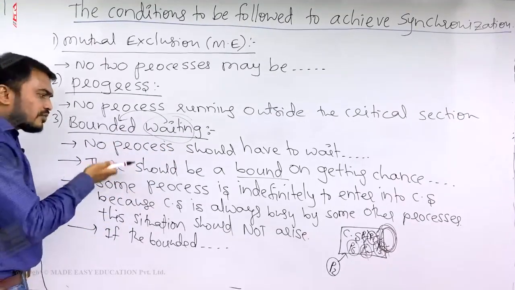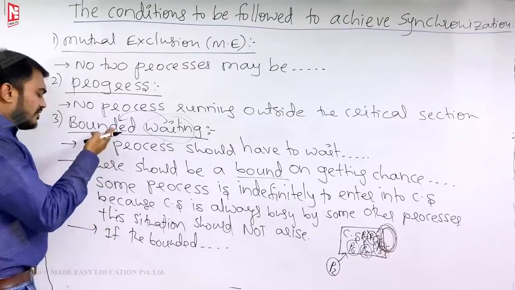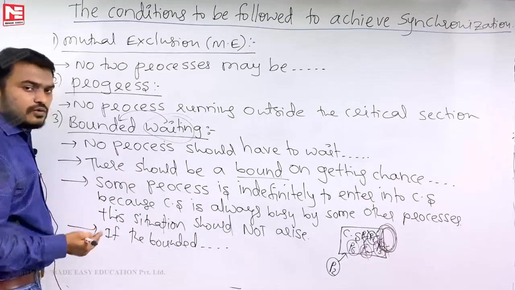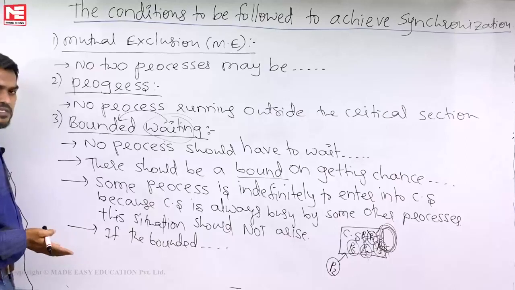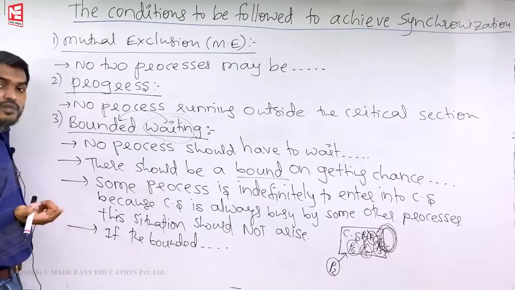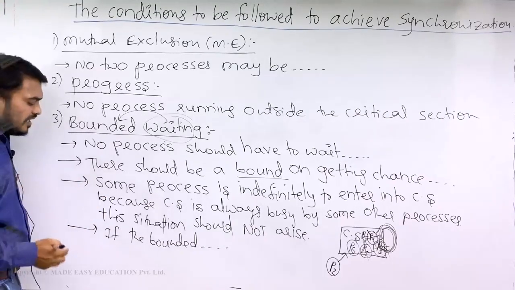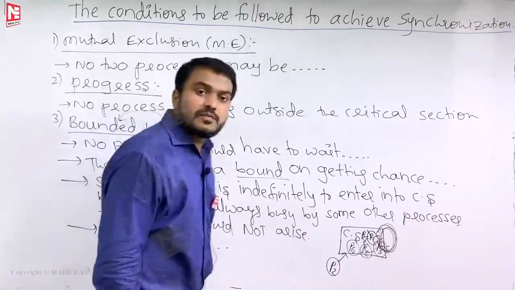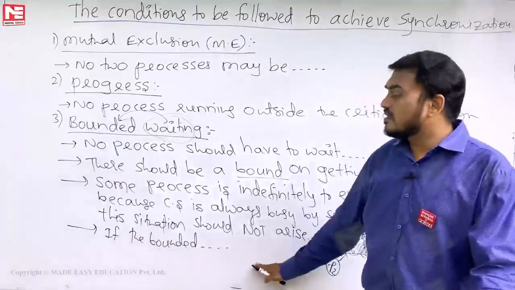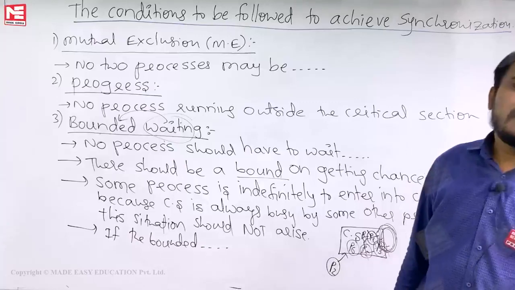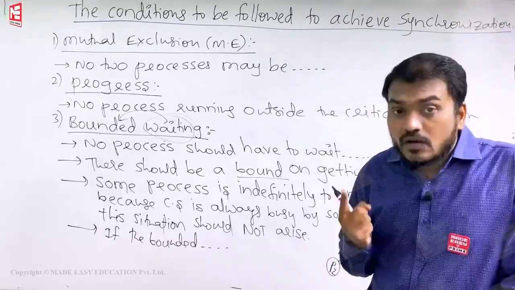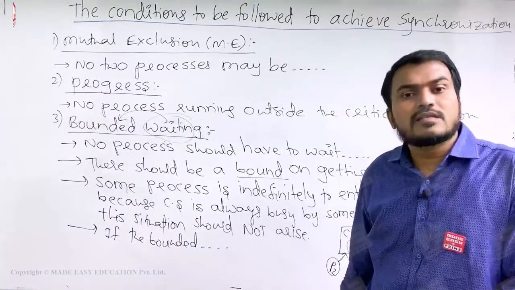Okay, अलग अलग सिचुएशन को बताने के लिए, to just verify all the various situations in the question, I have given the different statements. Again the meaning is the same only, if you understand properly. And the last statement you have written what? If the bounded waiting is not satisfied, then it is possible for what?